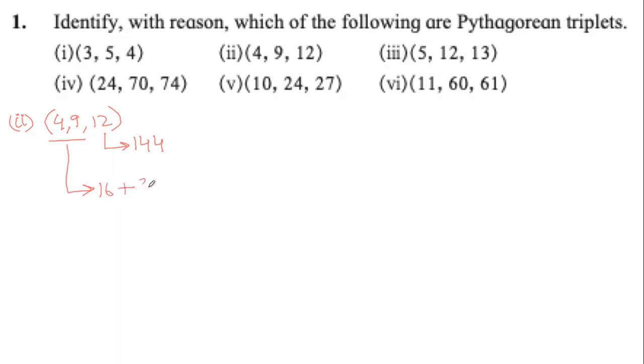Square of 9 is 81. And when we add 81 and 16, we get 97. So clearly, now we can say 12 square is not equal to 4 square plus 9 square. So this is not a triplet.